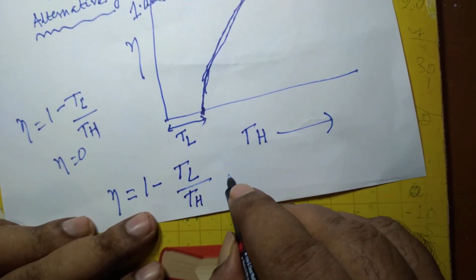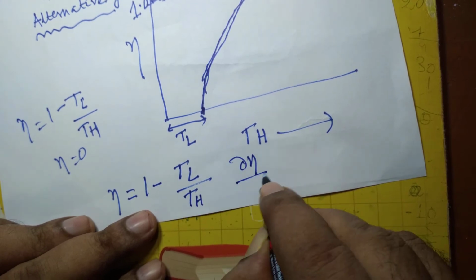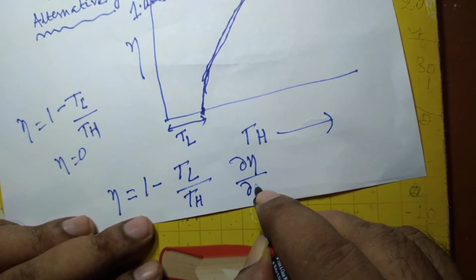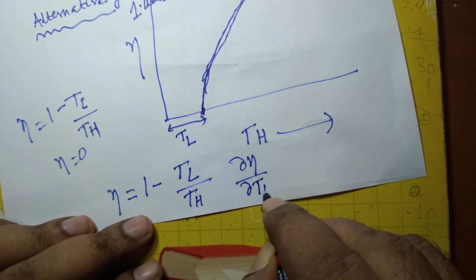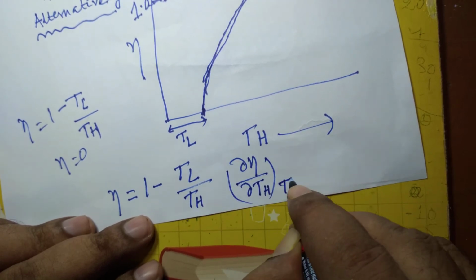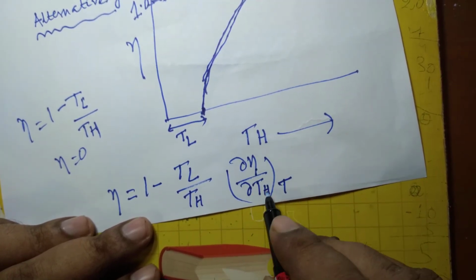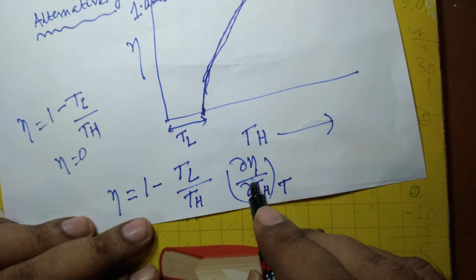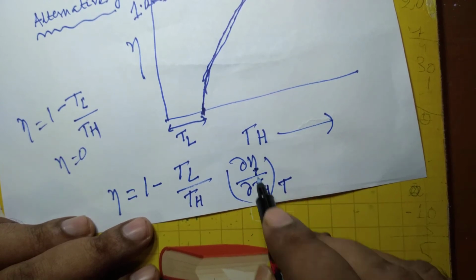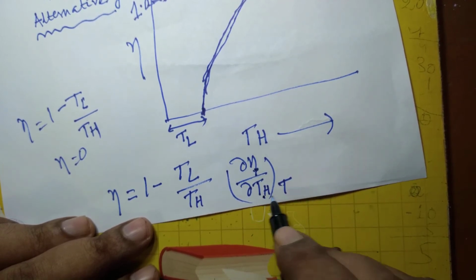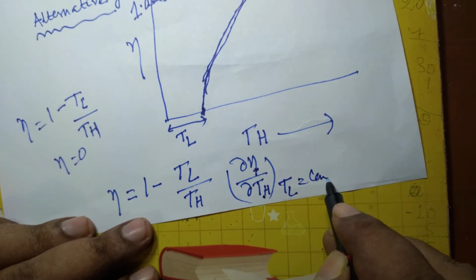For a reversible heat engine, we are calculating the slope of efficiency with respect to TH when TL is constant.